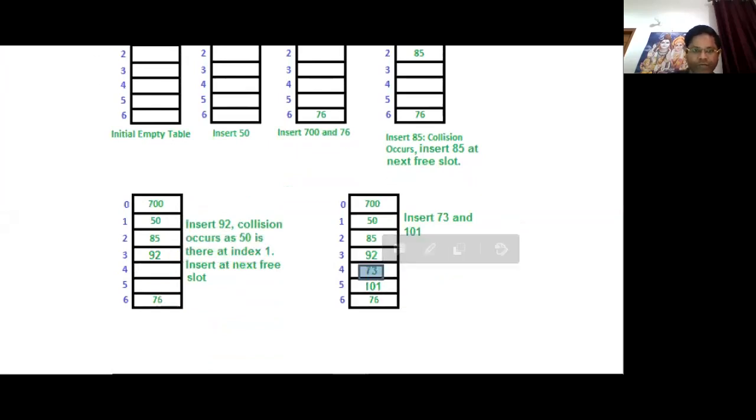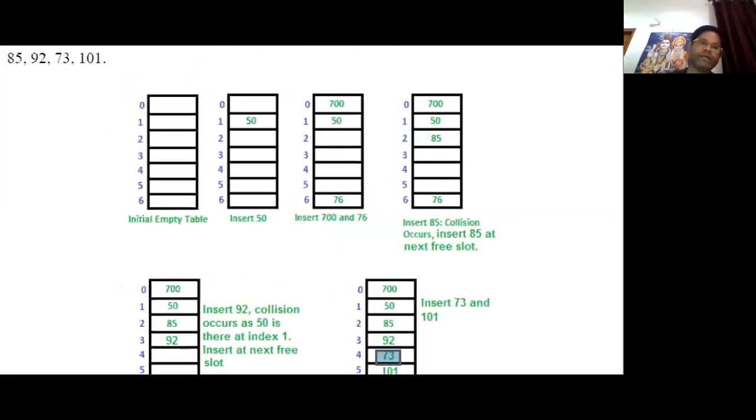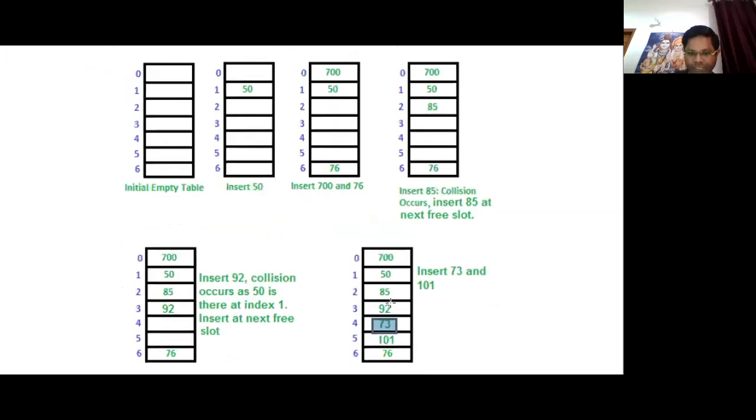Again, the next value is 101. So again calculate 101 modulo 7. What does it return? Just divide and look for the remainder. It returns the value 3. So look at position 3. It is not empty. Next look at 4th position. It is not empty.